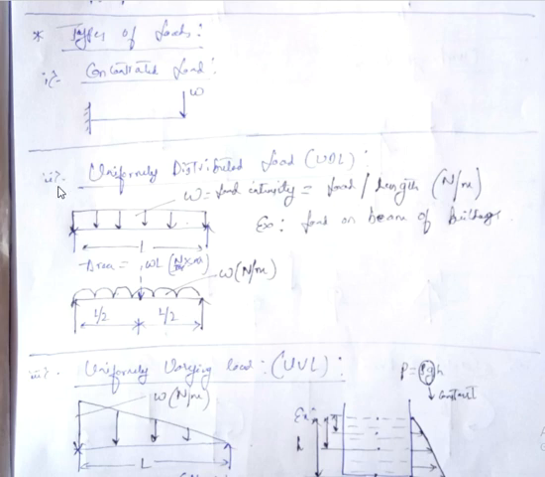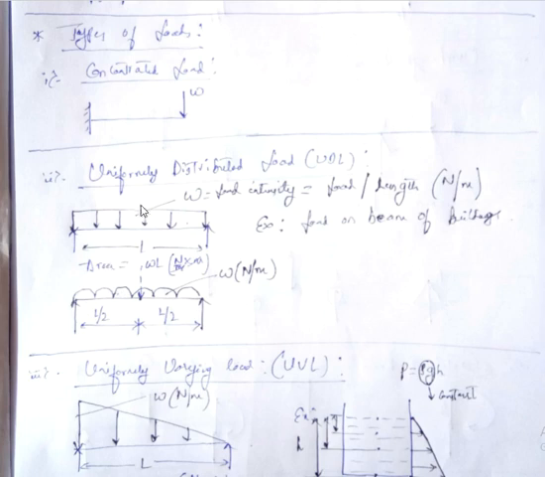Then the second type of load is called uniformly distributed load, or in short, UDL. This is the representation of UDL. You can represent UDL in two forms: in rectangular form with a downward arrow which indicates the direction of the force, or you can represent the UDL in this way also.